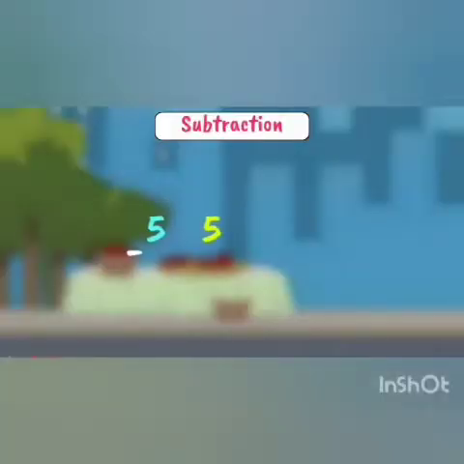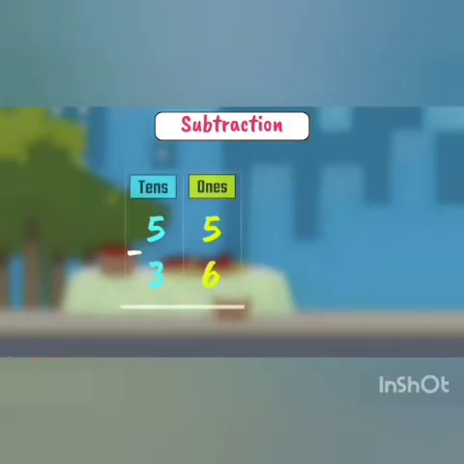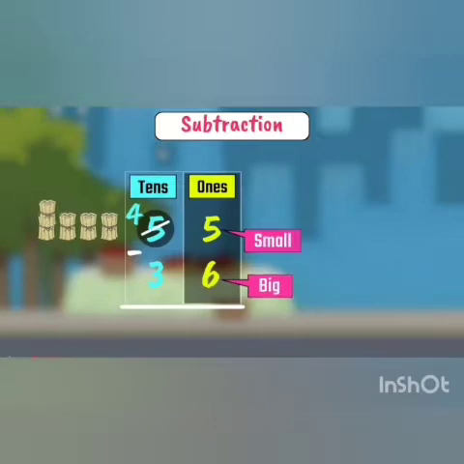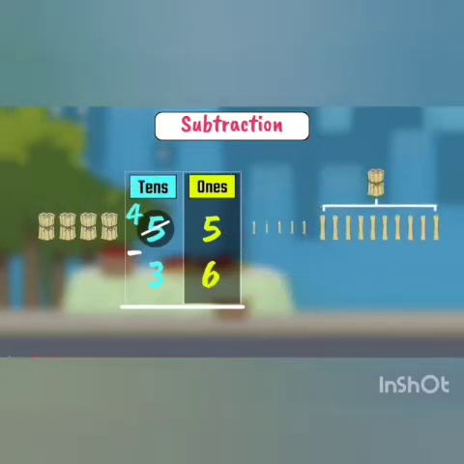So first of all, we will arrange both the numbers in place value chart, and here also we can observe that 5 is smaller than 6. So we cannot subtract 6 from 5. So now we will borrow 1 tens from tens column, and here 5 tens will become 4 and 1 tens that is borrowed will be regrouped as 10 ones.